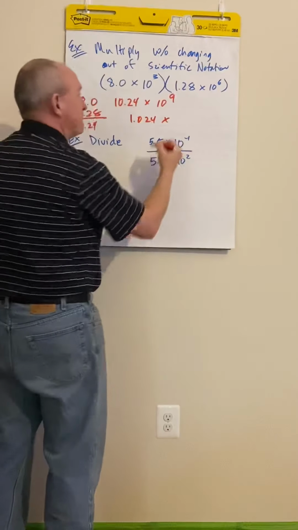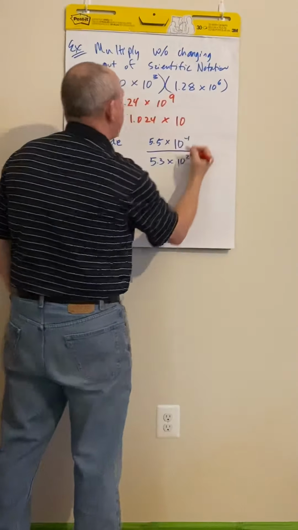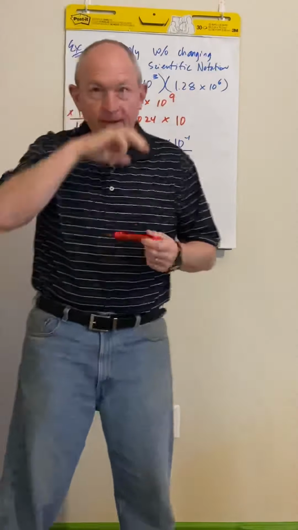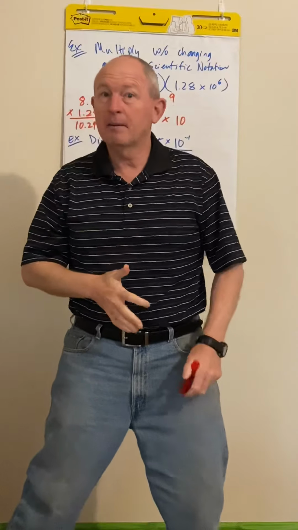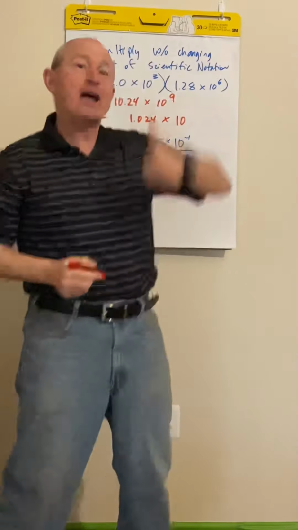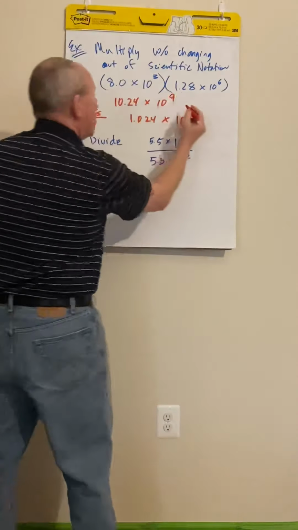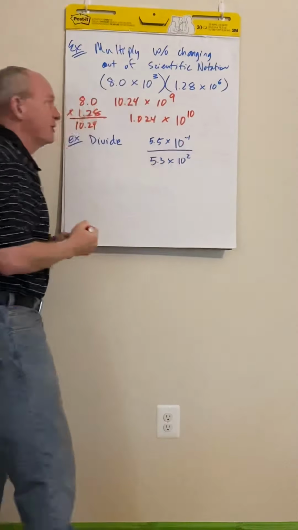Now it's 1.024 times 10 to the... okay, now this is tricky. I had 10, and now I have 1, and so to get it back to the same degree, I have to add 1 to the exponent here, and so it's times 10 to the 10th.